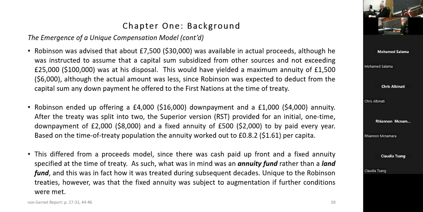Okay. So the entire Robinson treaties were administratively understood by the Crown to be much or no different than the pre-1850 treaties, except that they had a unique addition, and that is that the fixed annuity was subject to augmentation if further conditions were met.